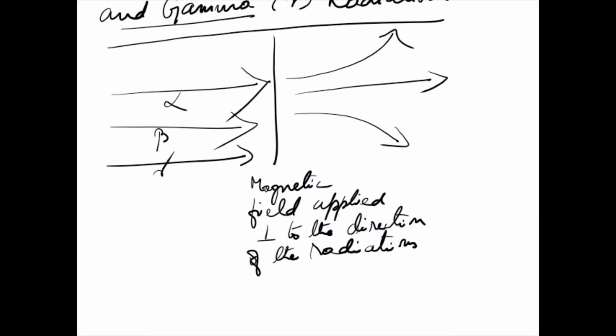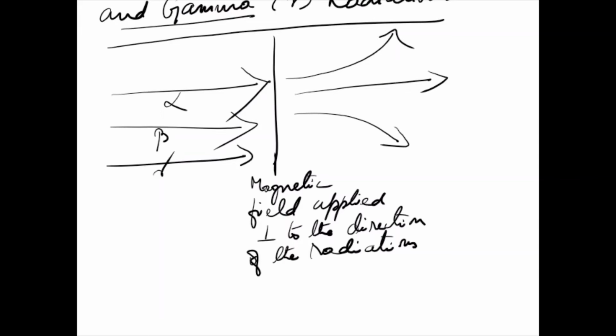So a magnetic field is applied perpendicular to the direction of the motion of the radiations. Then they found that these radiations separated into three types. So he found that on subjecting radiations given out by a radioactive substance to a magnetic field in a direction perpendicular to their path, they separate out into three distinct constituents.